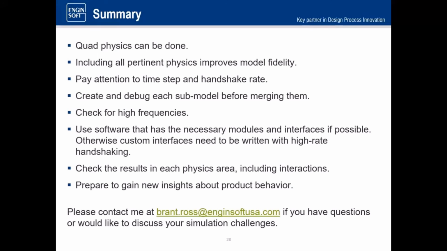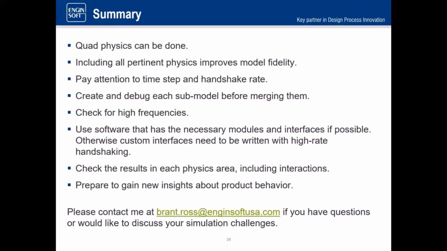Perfect. I have another question from Alex. He's asking what the handshake rate is. So in the case with Particleworks, basically with every time step of RecurDyn, it's doing the handshake with Particleworks. In the case of the controls package, you can set it to a certain fixed rate.